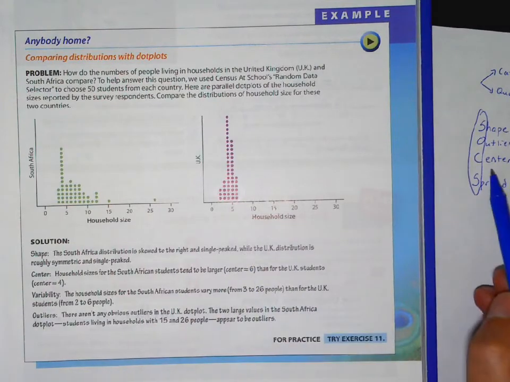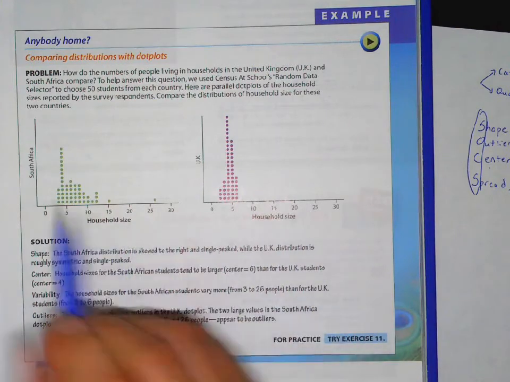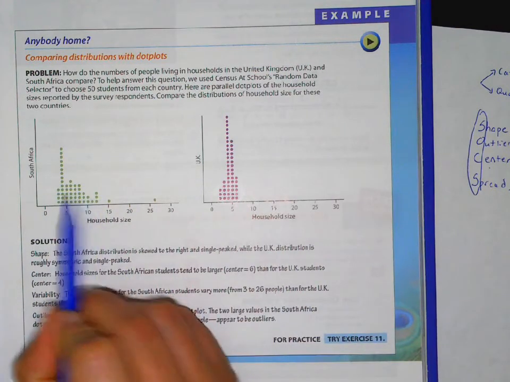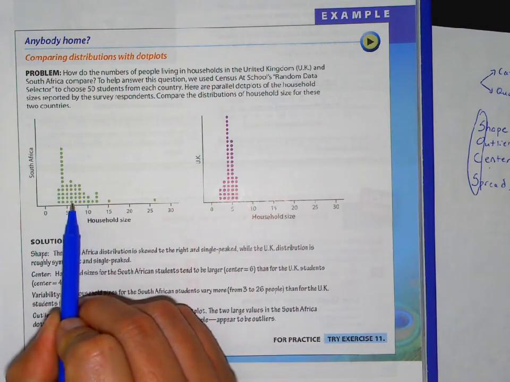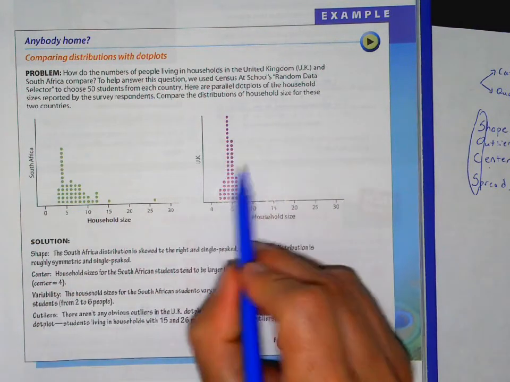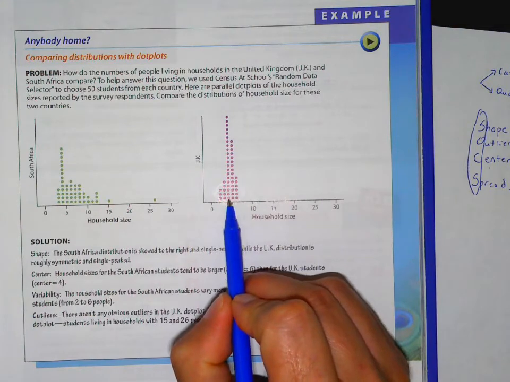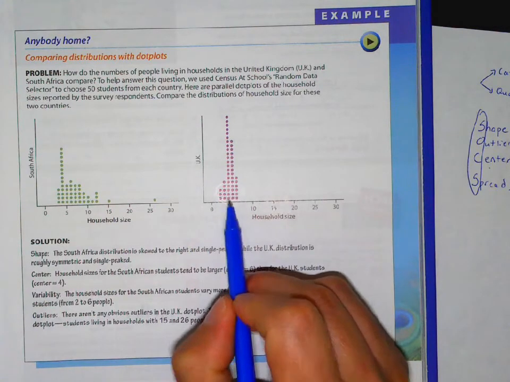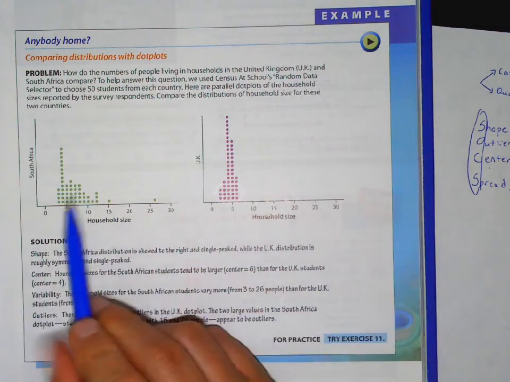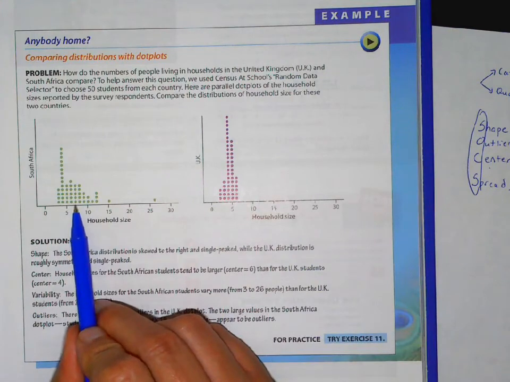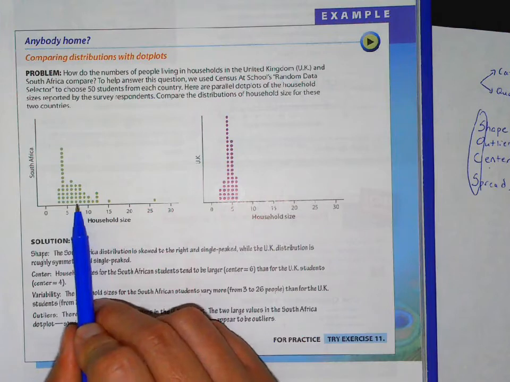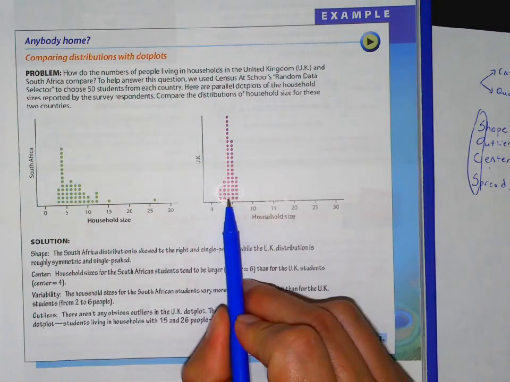Okay, the center, mean, median, or just the middle points here. I'd say this center here would be about 6 kids, roughly. And this one has a center roughly about maybe 4 kids. Because you want to use comparative language, I would say the center of South Africa is greater than the center of the UK.